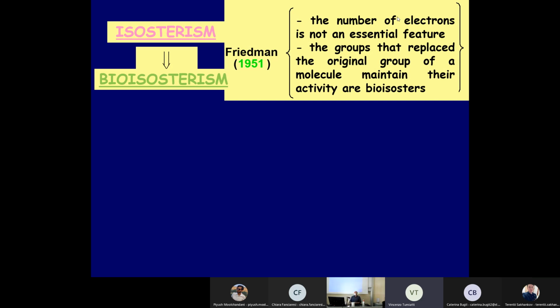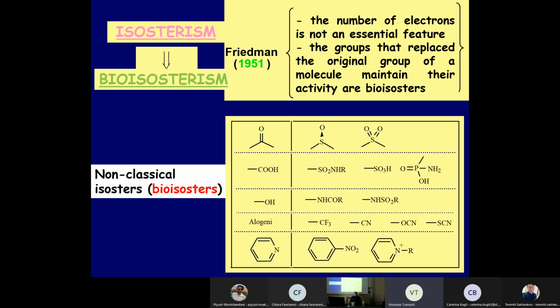You see the hypothesis: the number of electrons is not an essential feature. The groups that replace the original group of a molecule and maintain its activity are bioisosteres. So you see a wider application of this concept, non-classical isosteres.